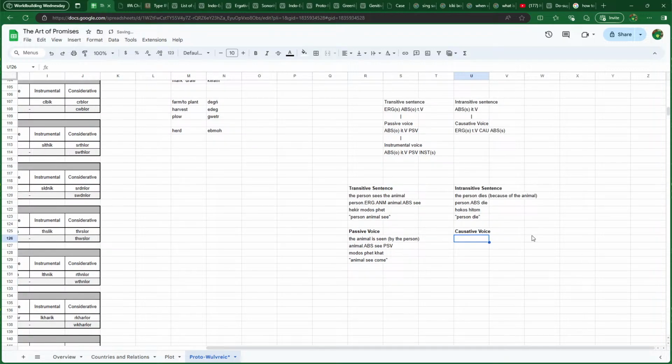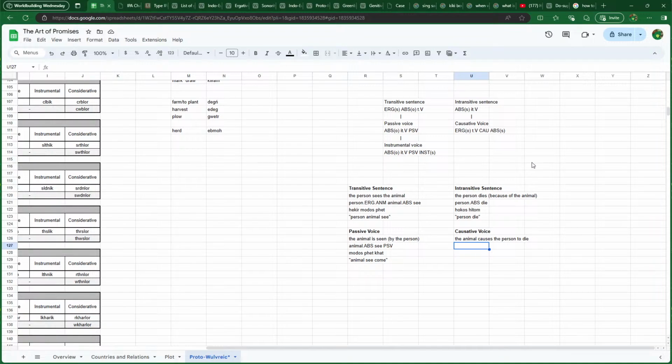So now, here, we lost the subject, right? But here, we gain an object. Or I guess we gain a new subject, and it causes this person to become the new object. Basically, what this is going to be, the animal causes the person to die. Basically, the animal kills the person.